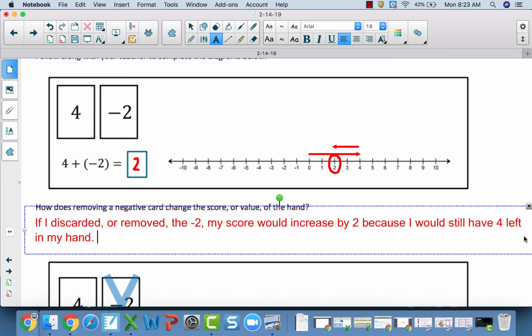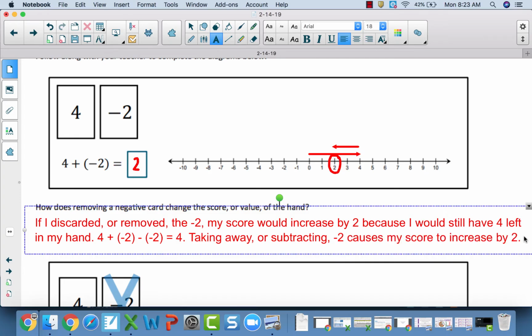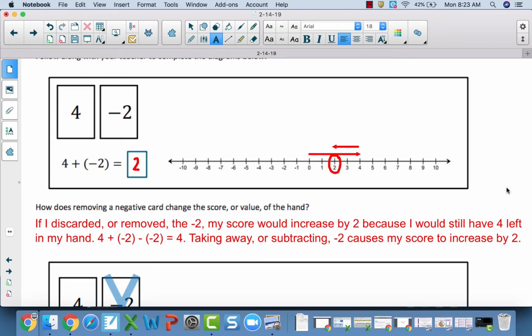So, if I want to write this as an expression or an equation, 4 plus negative 2 minus negative 2. So that minus negative 2 means getting rid of that negative 2 equals 4. Okay? So taking away or subtracting negative 2 causes my score to increase by 2. Okay? So subtracting a negative actually increases the score.